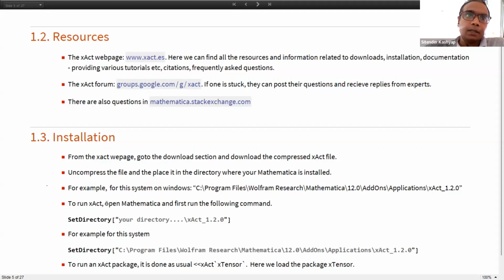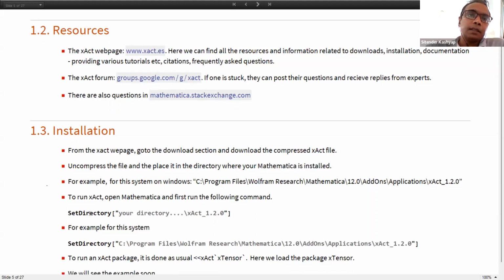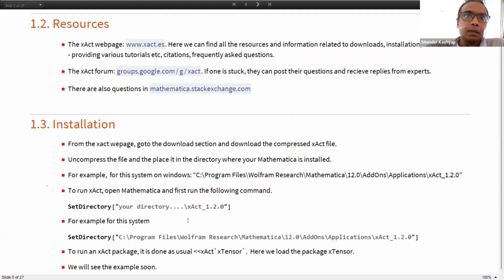To run xAct, open Mathematica and first run the SetDirectory command, where you set the name of your directory where xAct is located. For this system, we use this command, and to run any package, we use the standard Mathematica command, like this one. This loads the xTensor package. We will see this example very soon.